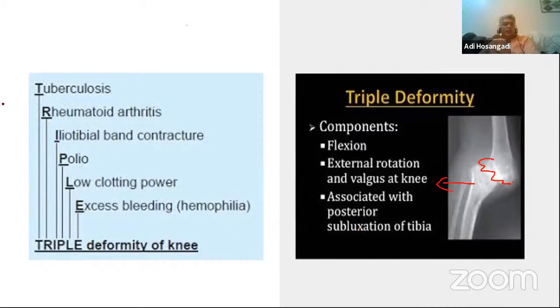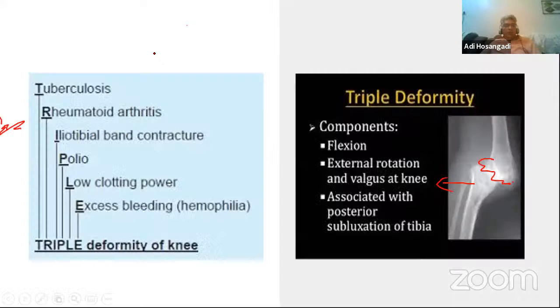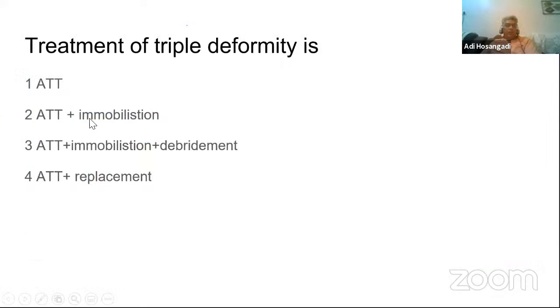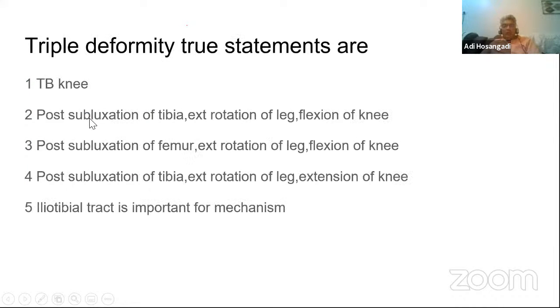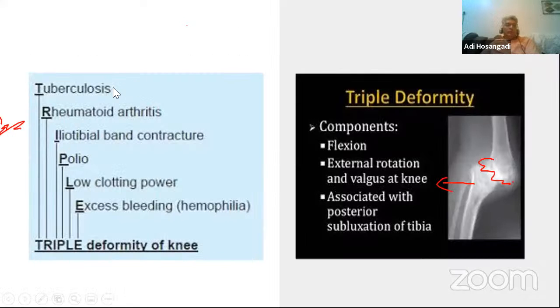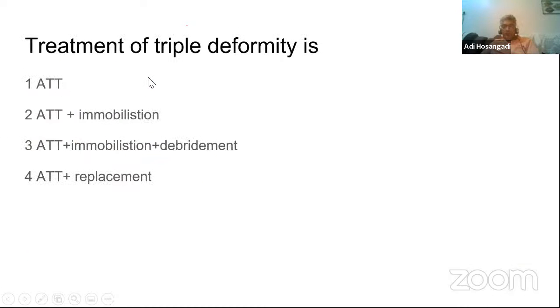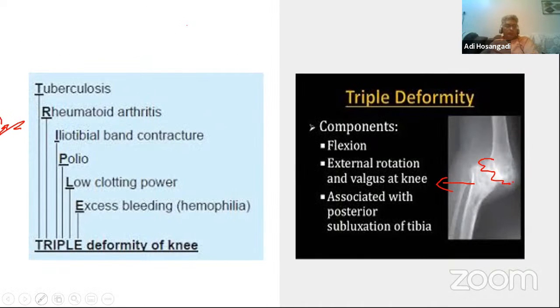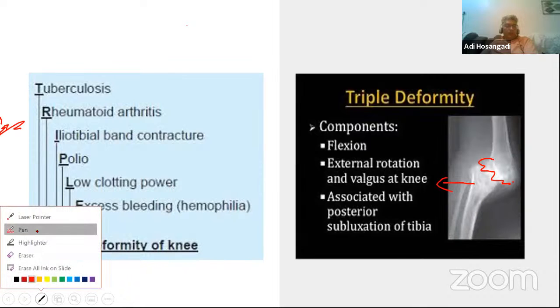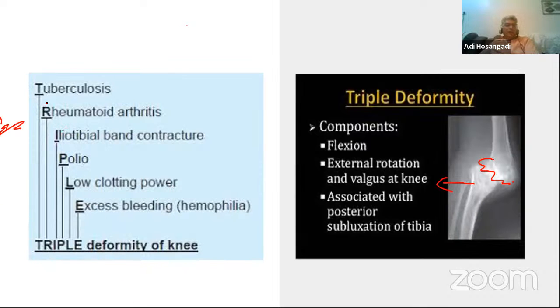Okay, so one small mnemonic is there for it. Look at this, triple. T for tuberculosis, rheumatoid arthritis, IT band contracture, polio, lower clotting power or hemophilia.